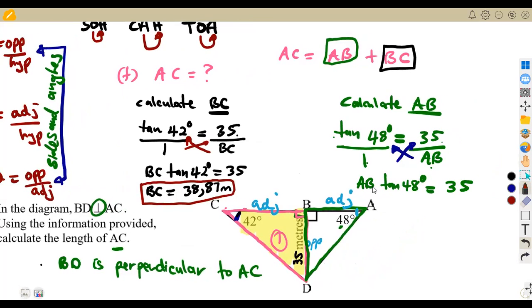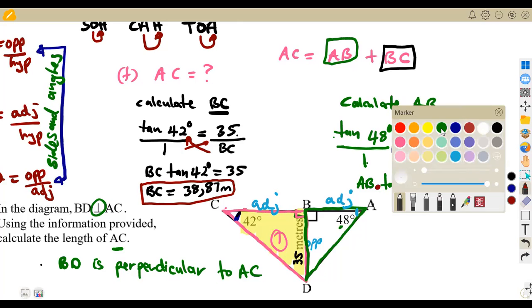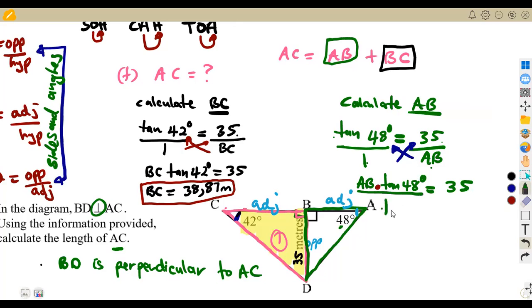So to find AB, you simply divide by tan 48 on both sides. So this will cancel, and you remain with AB. So AB is going to be 35 over tan of 48 degrees.